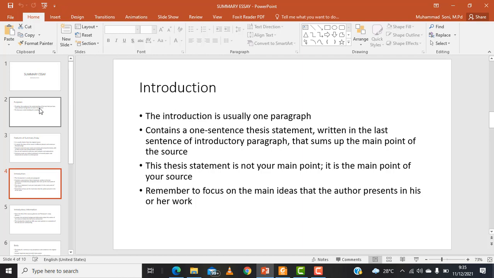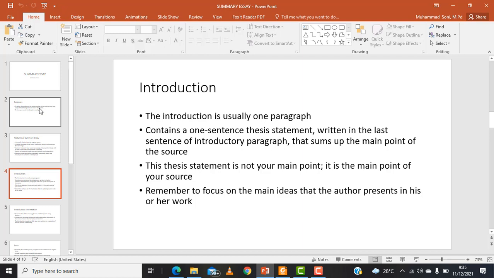And at the end of the introductory paragraph, there is a thesis statement written in the last sentence. This is actually a sentence that sums up the main point of the source.